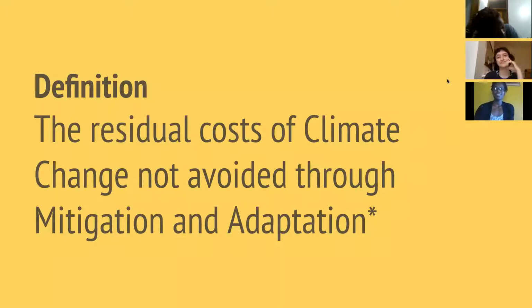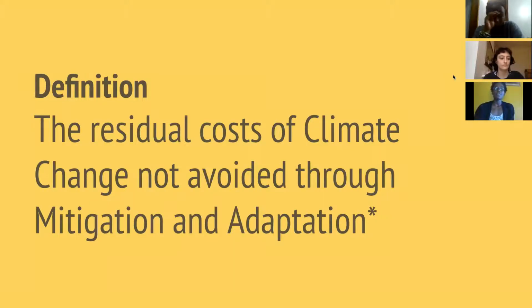Yes, so the working definition of loss and damage are the costs that remain from climate change that are not avoided through mitigation and adaptation. Mitigation is that first step where we try to avoid climate change by reducing emissions through areas such as renewable energy or agriculture.